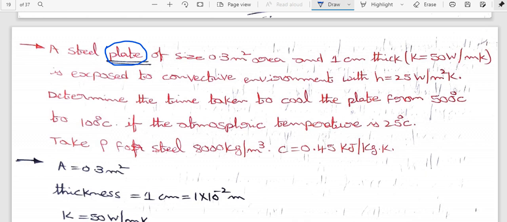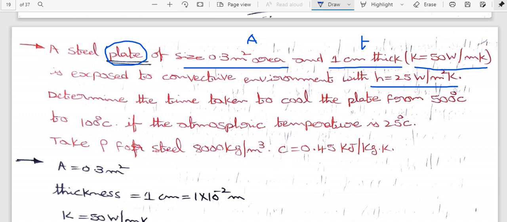A steel plate of size 0.3 meter square area and 1 centimeter thick. So area is equal to 0.3 meter square and thickness is equal to 1 centimeter, and thermal conductivity k equal to 50 watt per meter Kelvin, exposed to a convective heat transfer coefficient, that means h equal to 25 watt per meter square Kelvin.